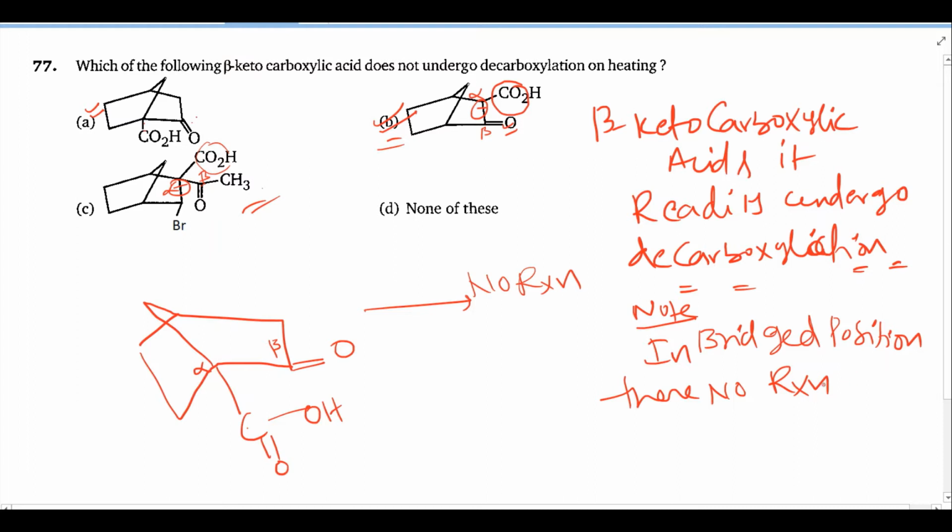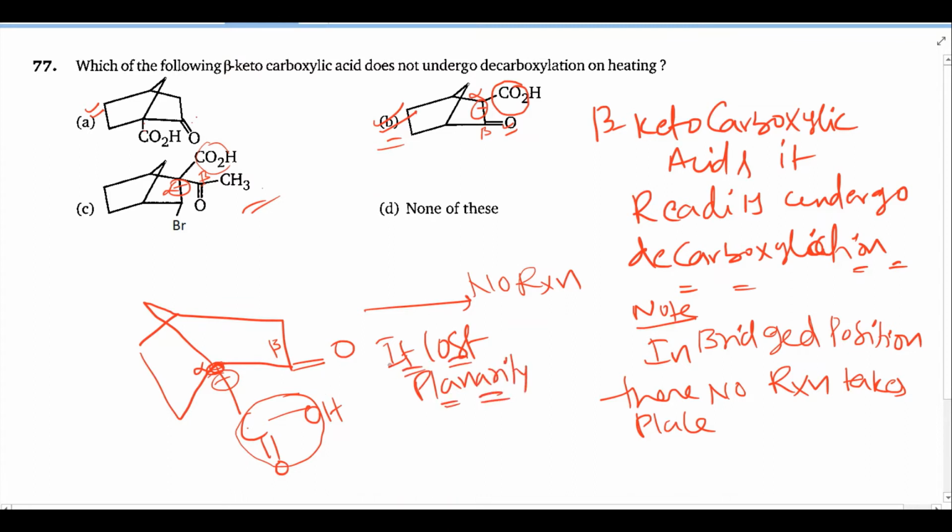Why does no reaction take place? Because whenever it loses CO2, this becomes negative. Actually, in the bridged position, if any reaction takes place, it loses planarity. This is the main reason. That's why in this position there is no reaction.